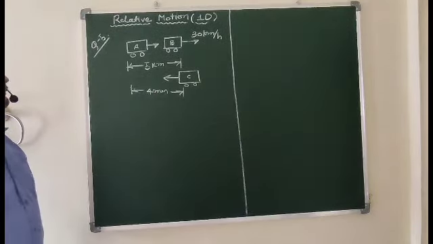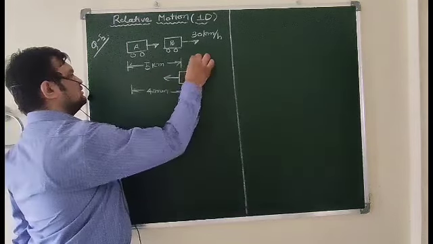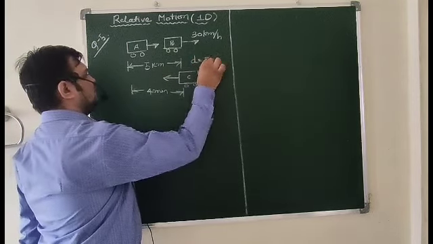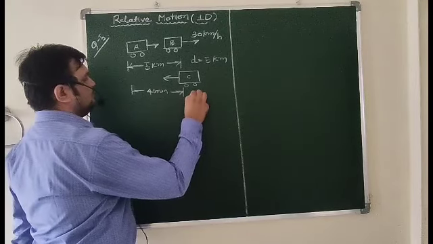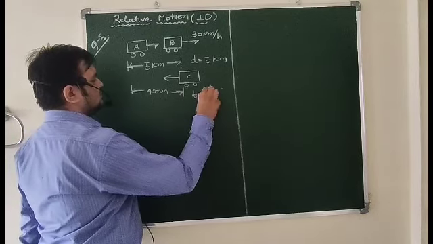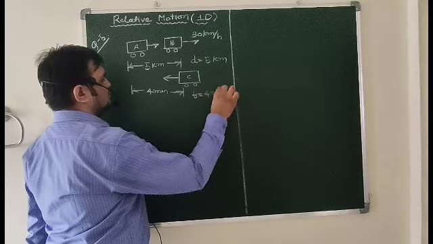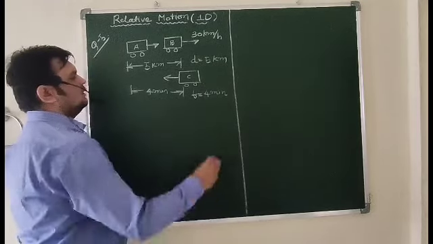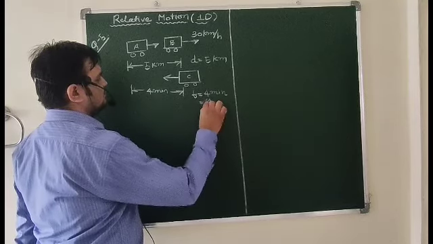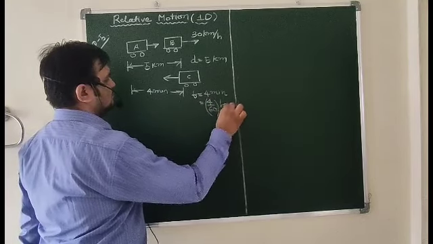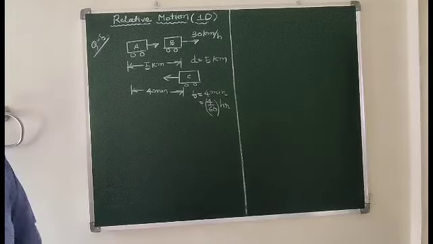So here the relative distance is 5 km and the relative time is 4 minutes. So it is 4 by 60 hour.